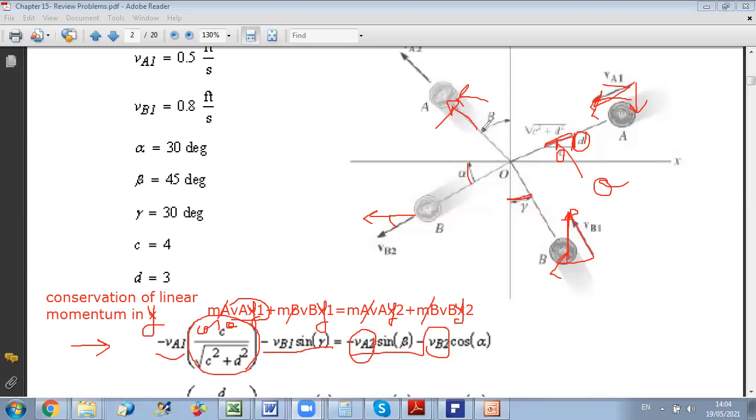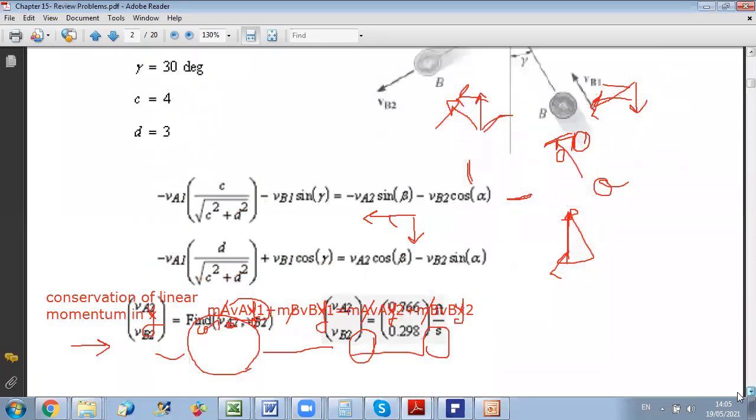For VA2, it's a positive projection, plus VA2 cosine beta. Whereas for VB2, it's a negative component in Y, and because the angle with X is alpha, it's minus VB2 sin alpha. So as you can see here, we just replace in the equation.